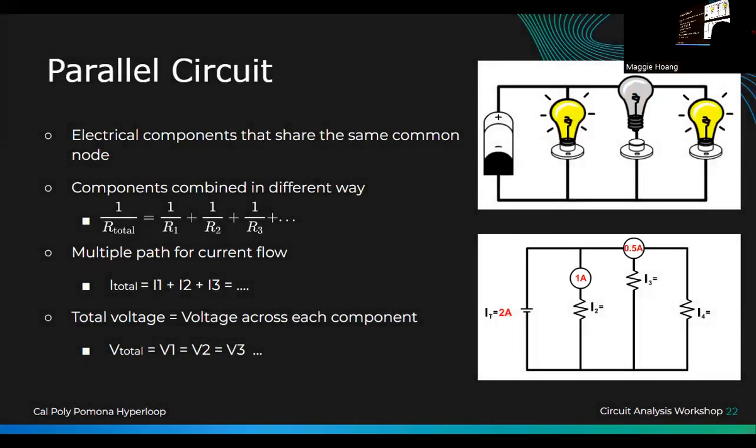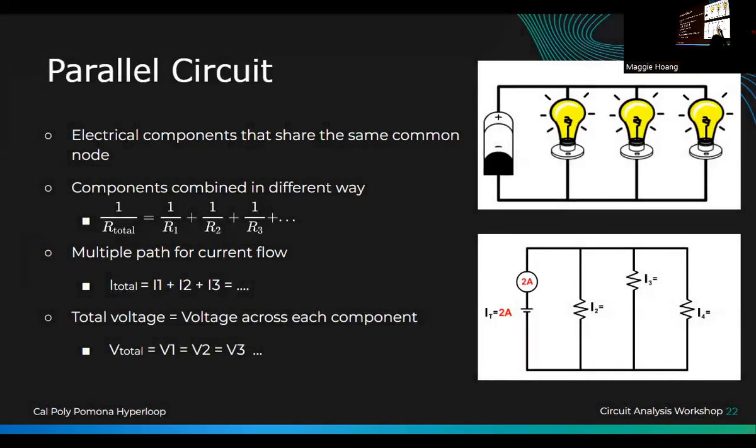So the opposite is the parallel circuit, right? A parallel circuit is when you have multiple components sharing the same node. If you look at the top image, or even this bottom one, let's say this voltage is 5 volts. The rail of 5 volts is going to be the same throughout this whole line, right?